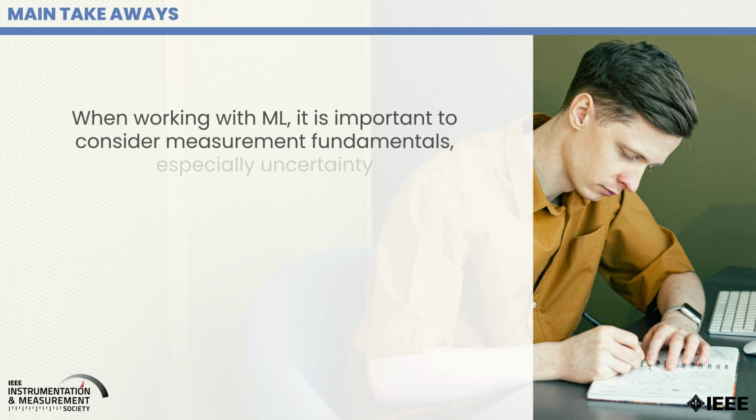So just to wrap it up, the main takeaways are the fact that when we are working with machine learning, it is important to consider measurement fundamentals, especially uncertainty. This is starting to become well known, and fortunately, people are starting to look into that.